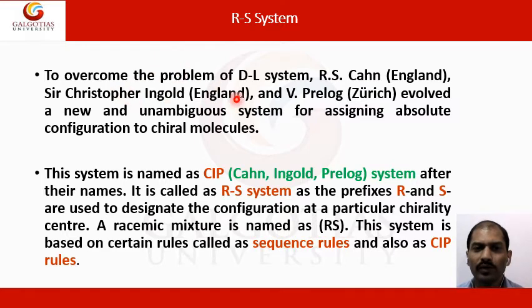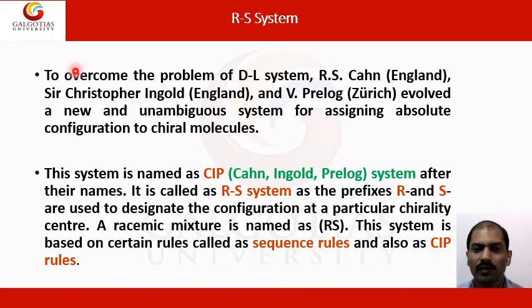To overcome the problem of the DL system, RS nomenclature was given by Cahn, Ingold and Prelog. On that basis it is called CIP, because they put certain rules to designate a chiral carbon either rectus or sinister, with respect to its rotation.